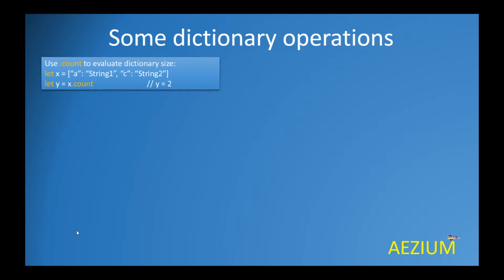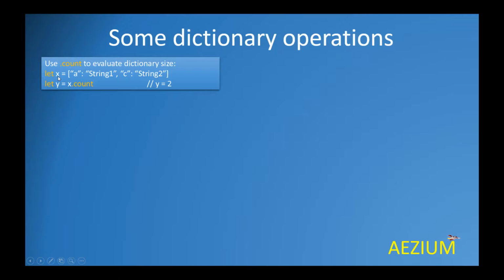Okay, similar to arrays and sets, when we looked at some typical operations, here I'll be looking at some typical operations used in connection with dictionaries. We could use count, as in the case of arrays and sets, to count the number of pairs in each dictionary.